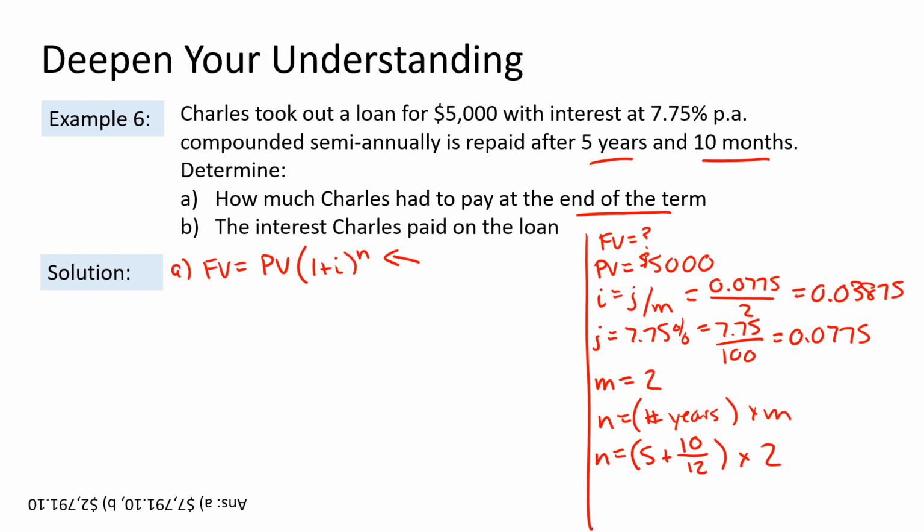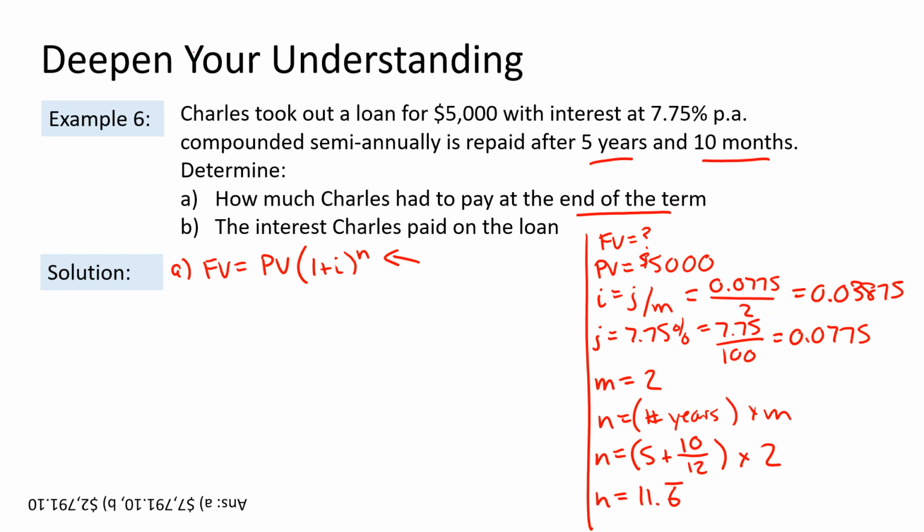If we multiply this out, we get that N is 11.6, again as a repeating decimal. You're going to see a lot of repeating decimals when we do these styles of questions. That's just the nature of converting months especially, because there's 12 months in a year, and it doesn't necessarily divide to an even number.